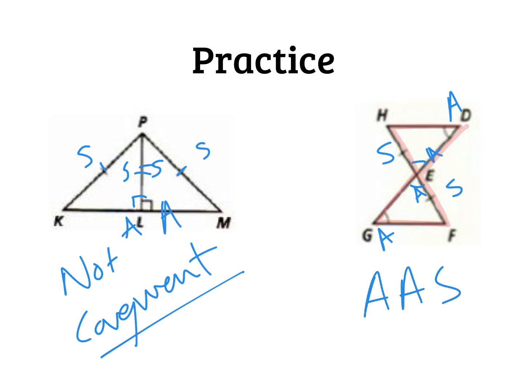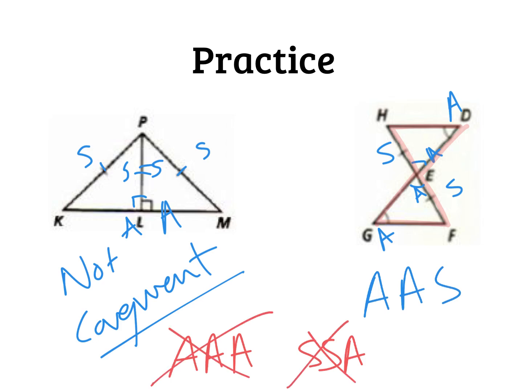And as long as you remember that there are two theorems that do not work, two of them, all right? I'll write them here on the side. Angle, angle, angle does not work, and angle, side, side. These are not theorems. So if you see those two scenarios, not congruent. Everything else is good to go.